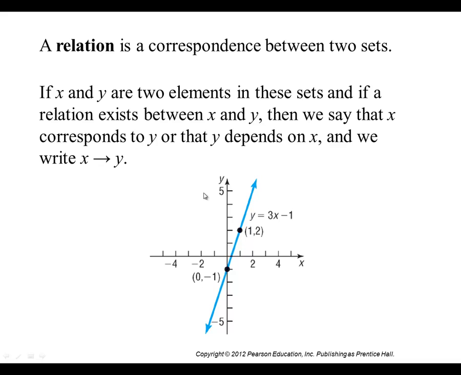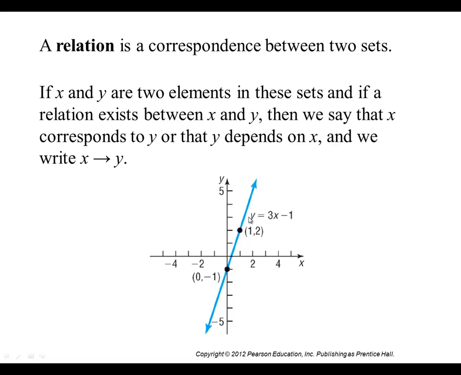Okay, a relation is a correspondence between two sets. If x and y are elements of these sets, then we can say that x corresponds to y, or that y depends on x. We write, for each x there is only one y. So can we say that this line is a function?